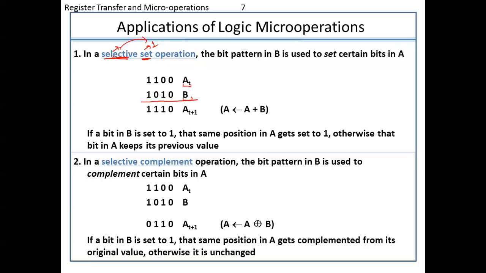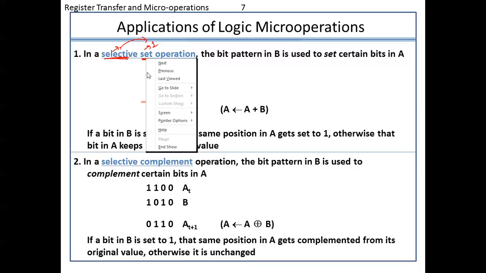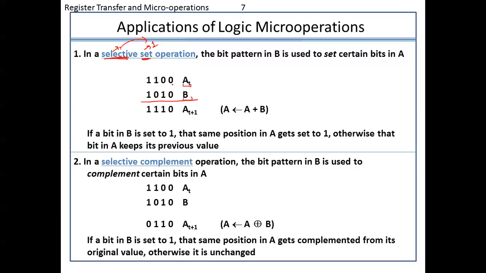If I have to apply the selective set operation, how will I make changes in the A register with the help of the B register? I need to look at the bits of register B. Wherever the bit in B is equal to 1, I need to check the corresponding value of the A register, and as the name specifies, set that value equal to 1. So what will be the output? This exactly is 1 before.